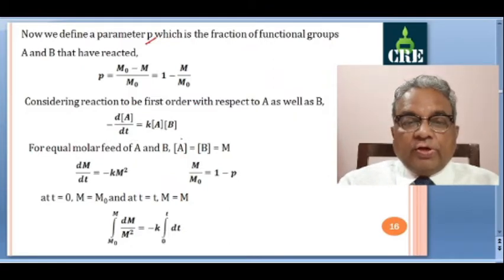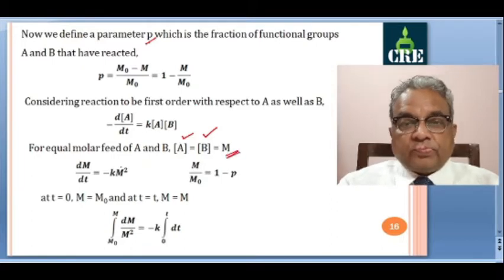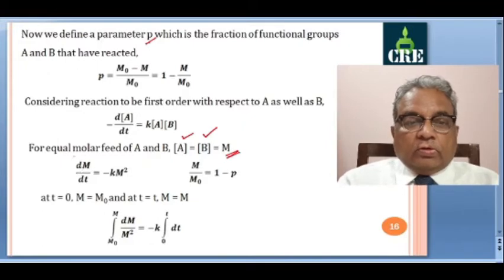For equimolar feed of A and B, the concentration of A is the same as the concentration of B, and this we will denote as M. So dM by dt, transferring the minus sign to the other side, is equal to minus K. A is equal to M, B is equal to M, so I can write M square.